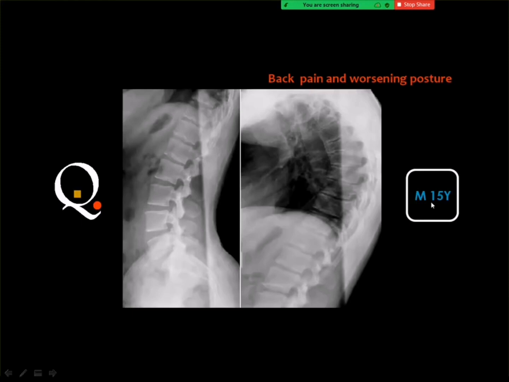This is a male child, not a child, let's say adolescent, 15 years old with back pain worsening by posture.